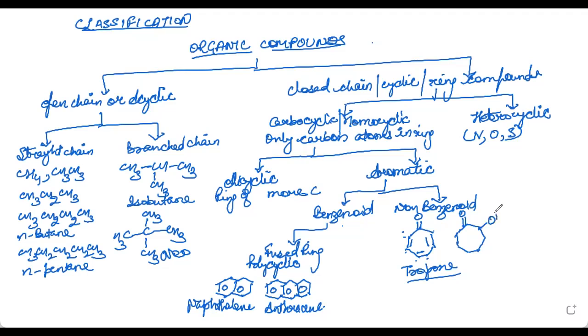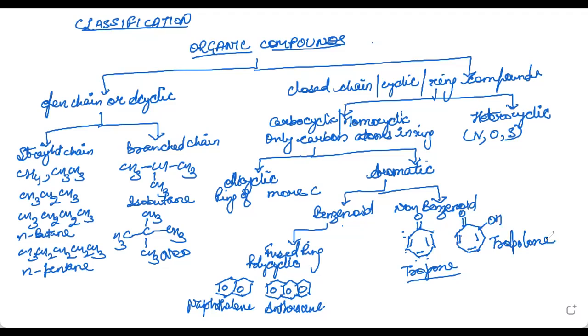Just count it and draw it neatly. Right? So this is tropolone. So this is non-benzenoid. It is not having any benzene ring, but still it is aromatic. Okay, clear?